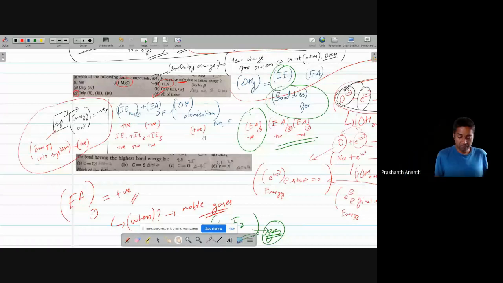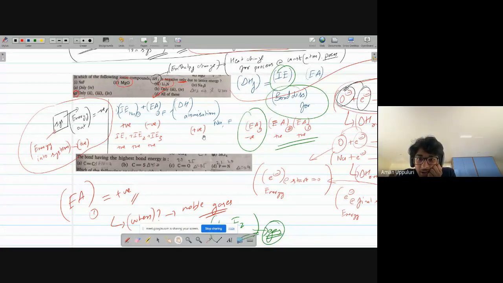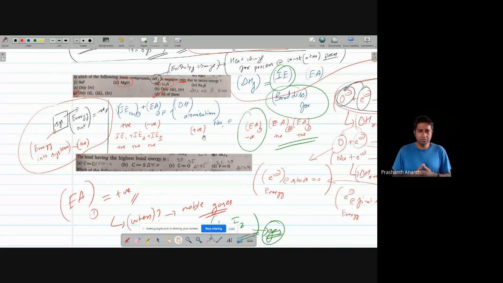There's an issue here. Where is the possible issue? Between 1 and 4?